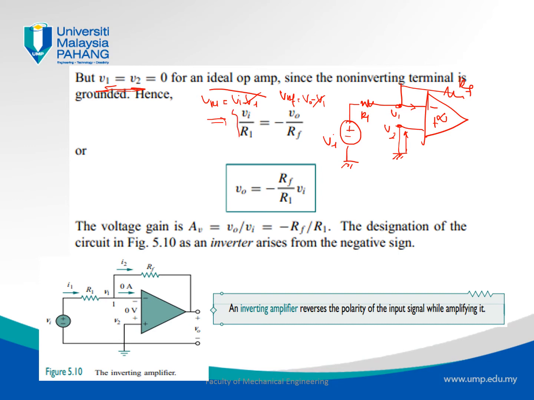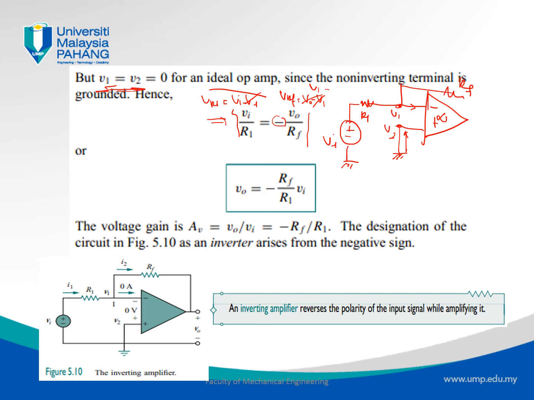So now the equation has become V input over R1 equals minus V0 over RF. So where do we get this minus V0? I have an error here. Basically, it's not VO minus V1.